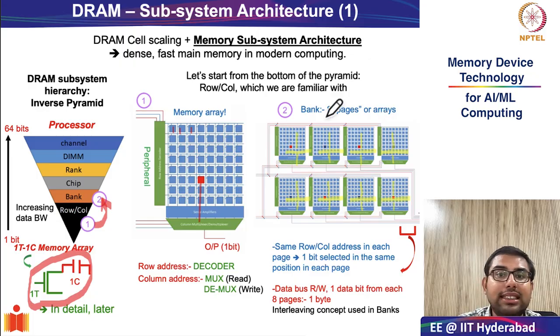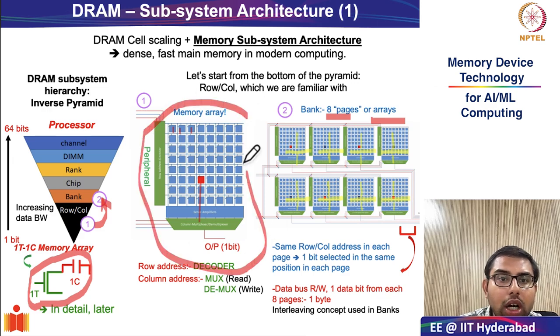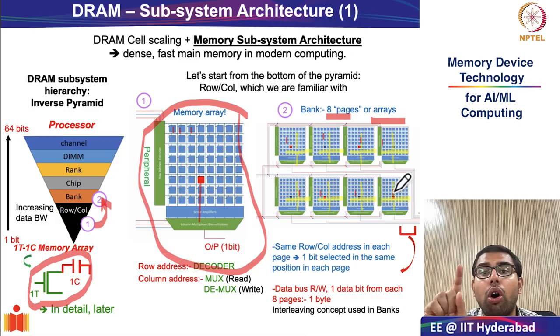A bank consists of 8 such arrays or pages. I have shown you one memory array over here and 8 such arrays: 1, 2, 3, 4, 5, 6, 7, 8. 8 such arrays, or sometimes even called pages, constitute one single bank.